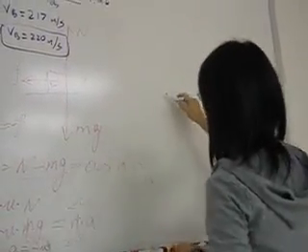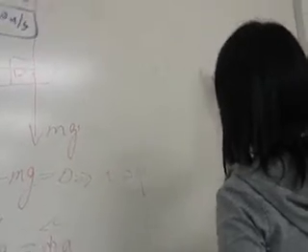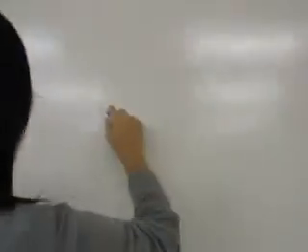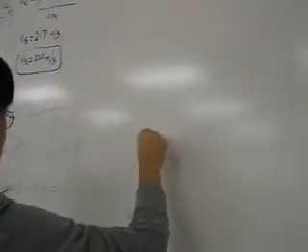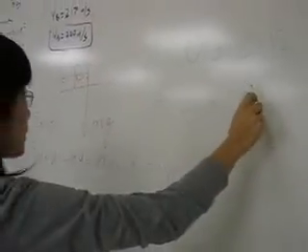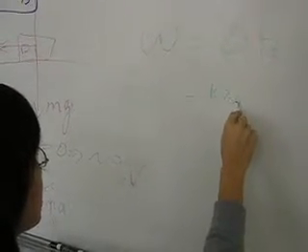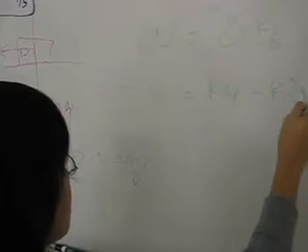So the work equals delta kinetic energy. The work equals force times the distance, and the delta energy equals the final kinetic energy minus the initial kinetic energy.